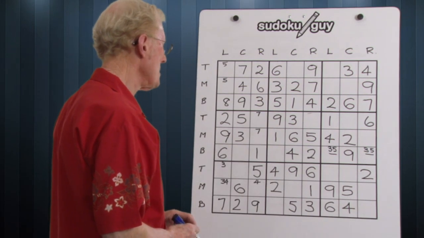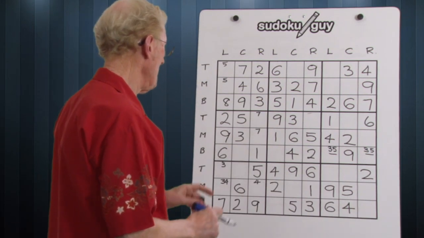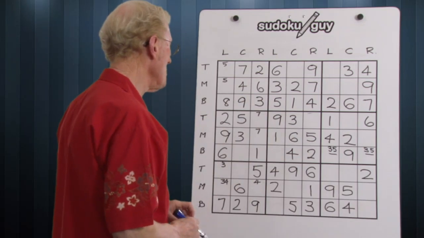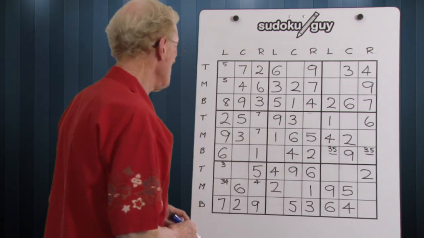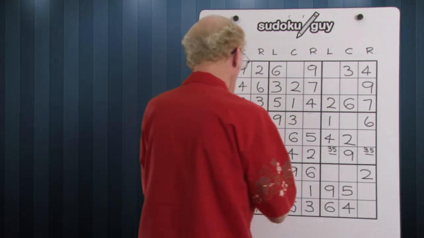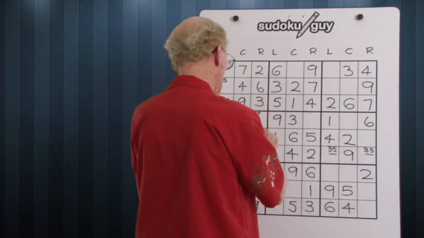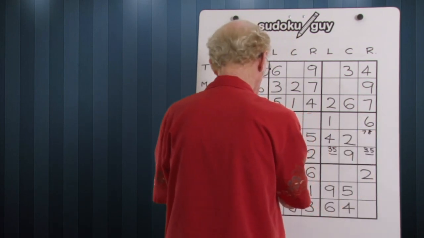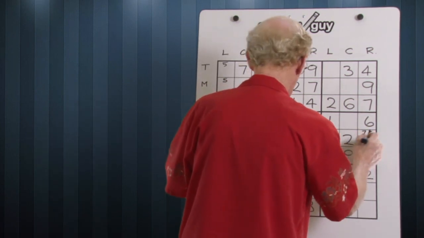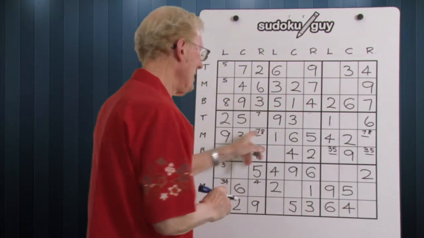Now the 2 numbers that are going to go in those cells are going to be a matching pair. So we're missing a 7 here. 1, 2, 3, 4, 5, 6, 7. So there'll be a 7 there, and an 8. They are the 2 numbers left that will go in that row, and they are matching pairs.